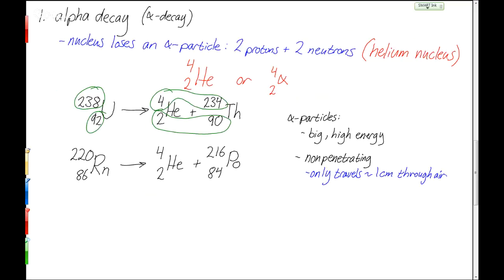Where this becomes a problem from a health standpoint is when alpha emitting stuff gets inside your body. Because now it doesn't have to travel through air anymore, it's right there. And radon is an example of this, which is this gas here. Radon is a naturally occurring gas, and because it's really heavy, it accumulates down low, like in basements and places like that.